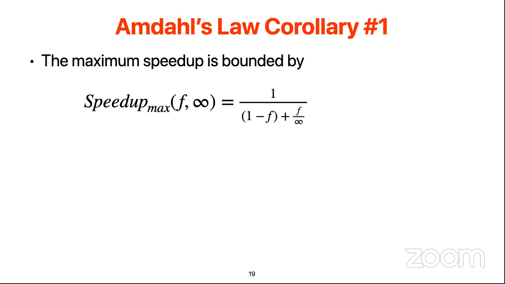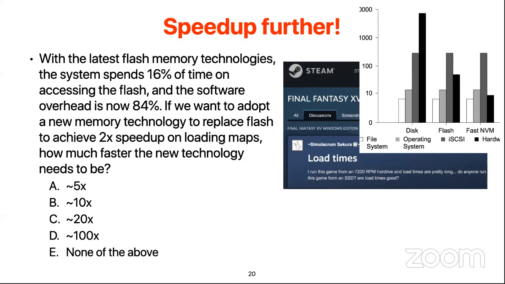So you just replace the speed up by infinity, because that's the biggest speed up that you can ever get. If you do some math, you will figure out it's going to be 1 over 1 minus F. This helps you see if we can get the desired speed up.